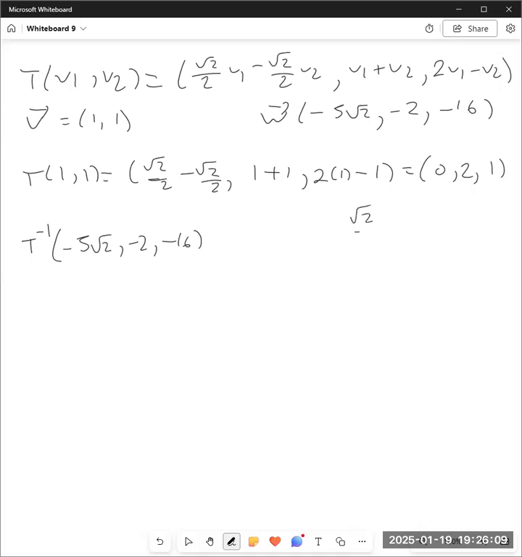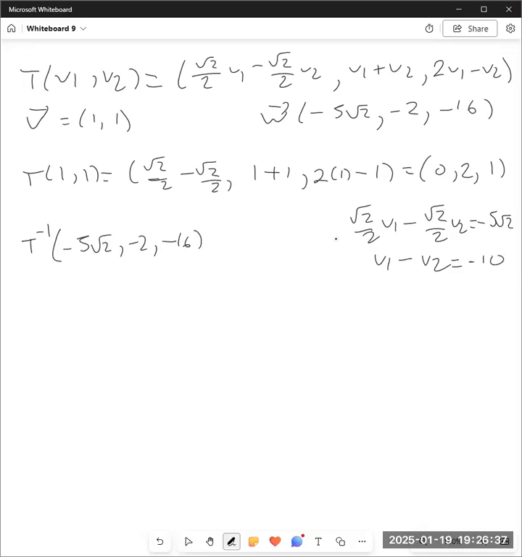So root 2 over 2 v1 minus root 2 over 2 v2 equals -5 root 2. That changes to v1 minus v2 is equal to -10.